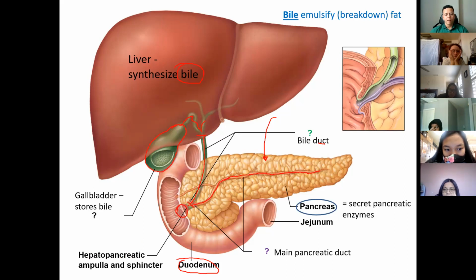Then together, the bile and the pancreatic enzymes are going to be injected into the duodenum. As the food passes from the stomach into the duodenum, it is going to mix with the bile and with the pancreatic enzymes to continue the process of chemical digestion.